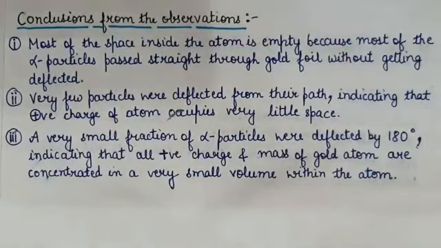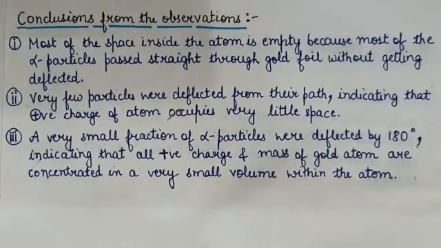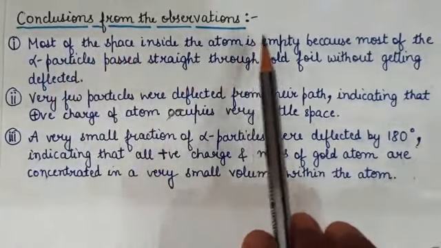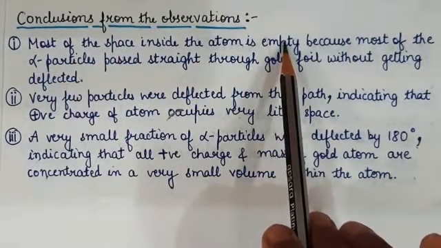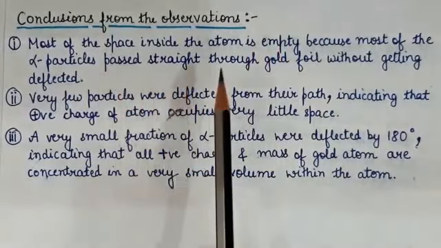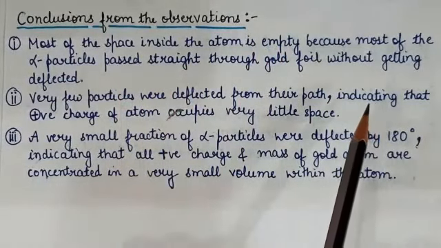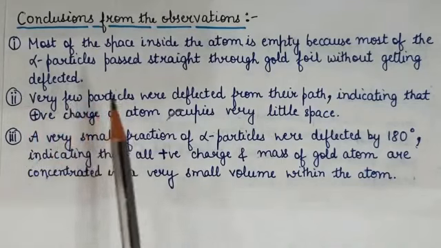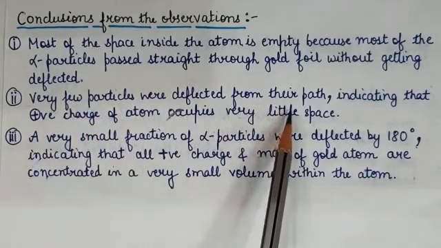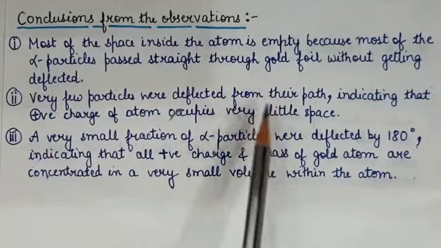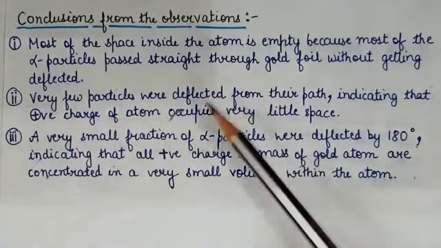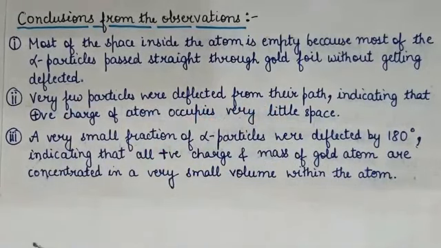So what are the conclusions drawn from these observations? Number one, most of the space inside the atom is empty. Why? Because most of the alpha particles were passing straight. So it means the space inside the atom is empty. Number two, very few particles were deflected from their path. So what does it indicate? It indicates that the positive charge of the atom occupies very little space.